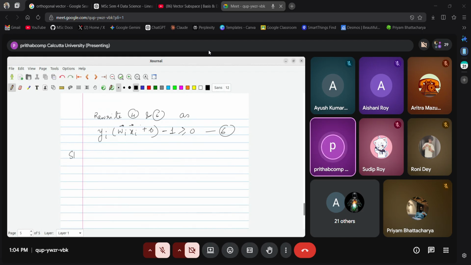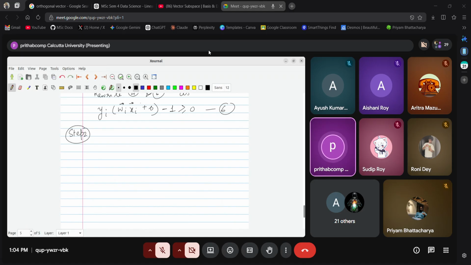Now let's go to step 2. See, there is a greater than equal to kind of thing. What happens if it is equal to 0? Equal to 0 means it is on the line. So let's talk about what happens if wi xi plus b minus 1 is equal to 0.